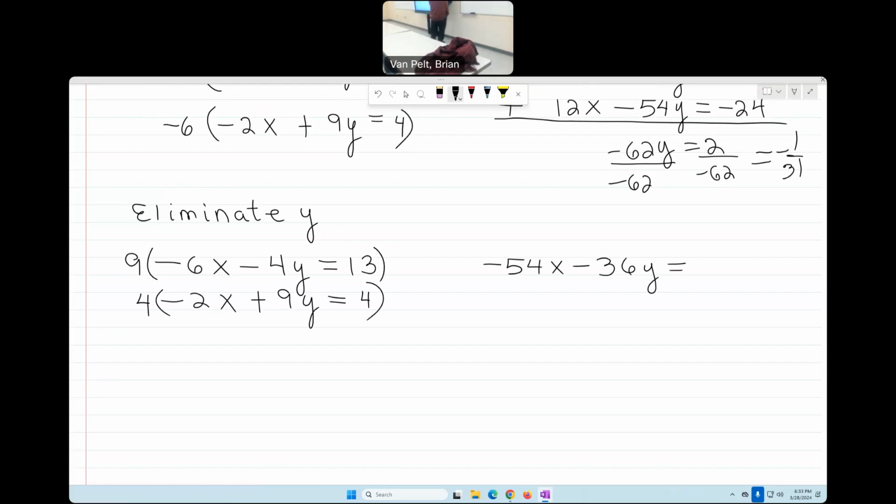Nine times 13 is 117. Then we have negative 8x plus 36y equals, this time, positive 16.